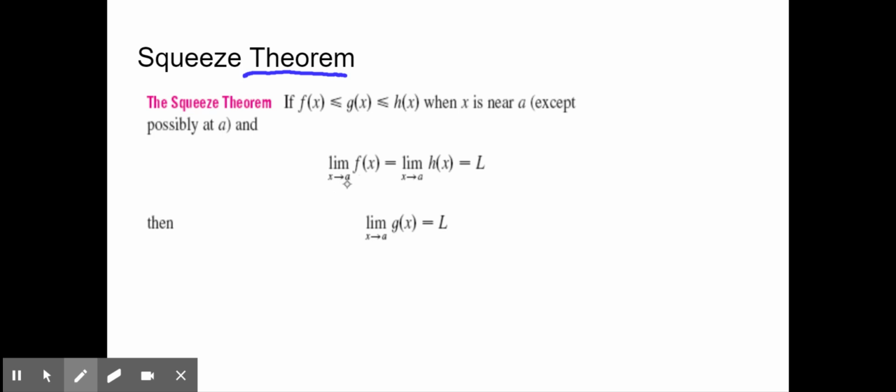The limit as x goes to a of f of x and the limit as x goes to a of h of x are both equal to L. Then I can say for certain that the limit as x goes to a of g of x must be L. And whether you know that or not or recognize it, when we look at it, you'll definitely be able to tell me that that has to be true. It's got to be true.